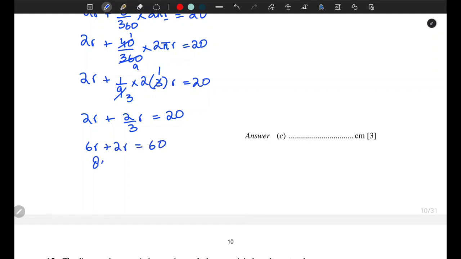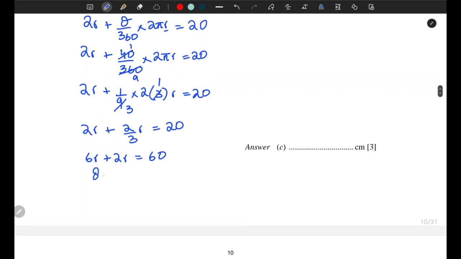And so 8r is equal to 60. And so r is equal to 60 over 8. So r is equal to 7 4/8. And we can simplify this by saying 7 halves or 7.5. And that is our final answer, 7.5.